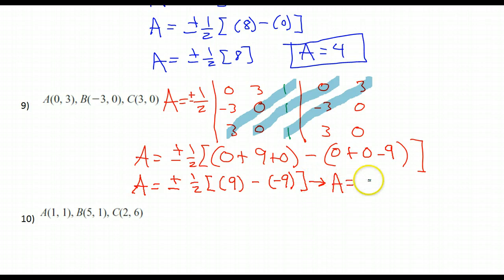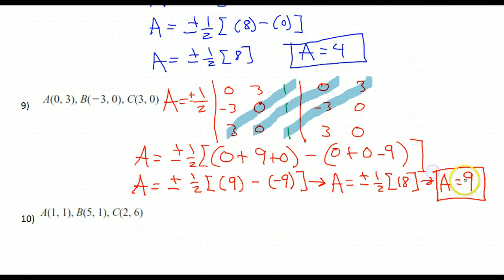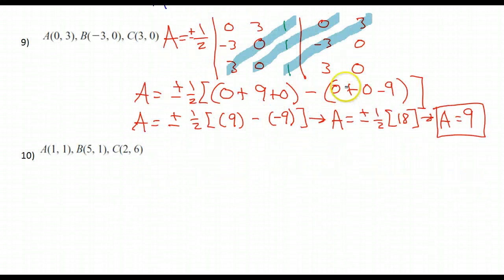So that means that the area is equal to plus or minus 1/2 of 18. Which means that the area is equal to 9. Okay, that's number 9. You know, just one problem left.